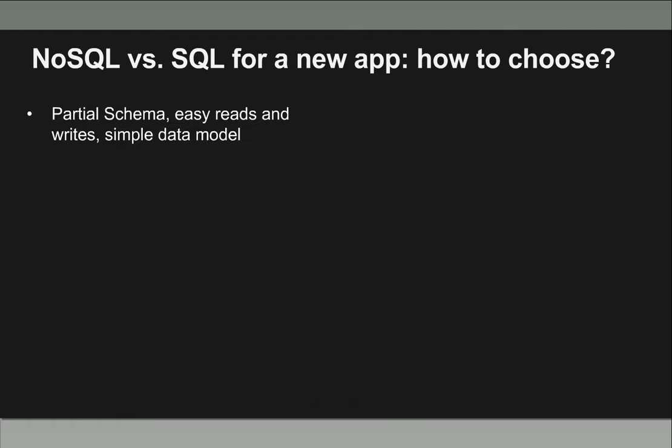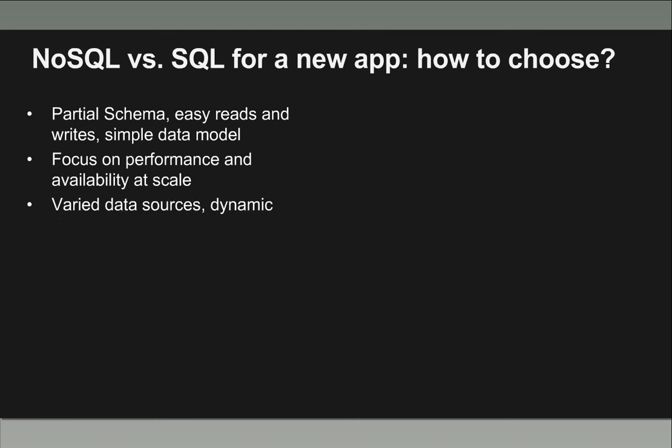One choice you've got to make early on is whether or not you're going to be using SQL or NoSQL. So what are some of the things that you have to consider to really make that choice? It depends on your data. What type of schema does it have? Is it a partial schema? Or are you trying to focus on performance and availability at scale?